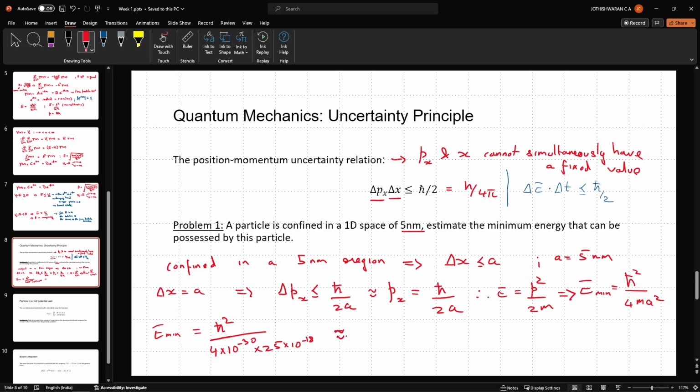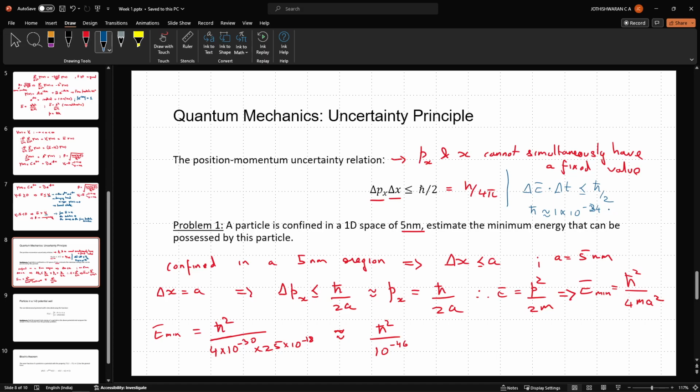So this is approximately equal to h bar squared upon 10 to the power minus 46, and h bar is approximately, let me write that in blue to clarify here, I'll write it here, 1 into 10 to the power minus 34 in SI units.